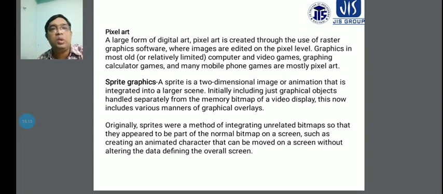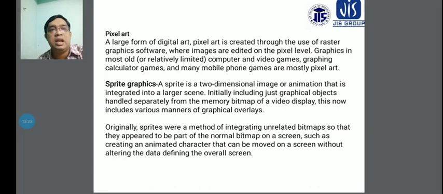This now includes various manners of graphical overlays. Originally, sprites were a method of integrating unrelated bitmaps so that they appeared to be parts of the normal bitmap on a screen, such as creating an animated character that can be moved on a screen without altering the data, deforming the overall screen.